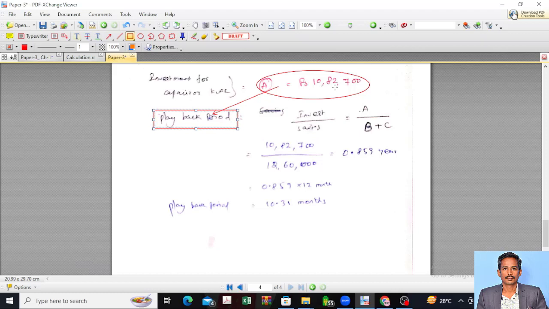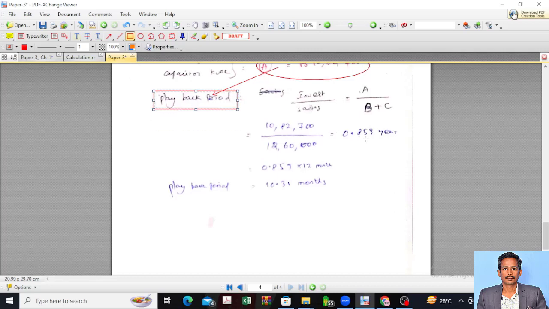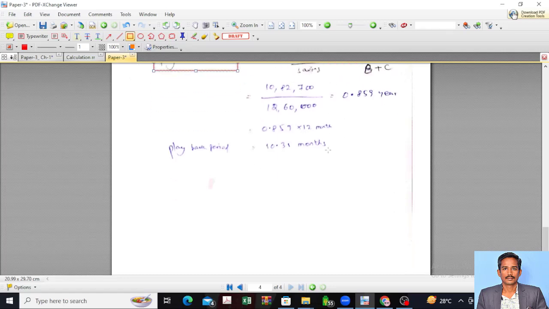Investment equals 10,82,700 divided by total saving. The saving is the power factor improvement incentive plus the maximum demand reduction. So it is 0.859 years, into 12.